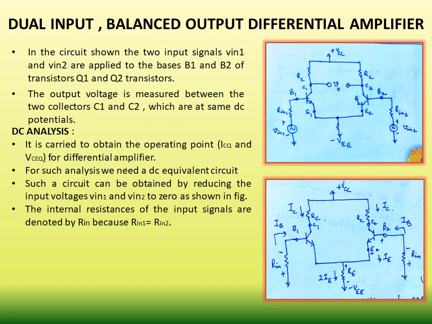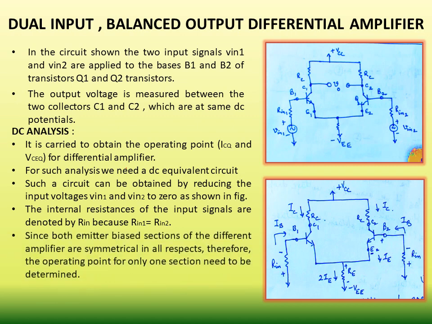The internal resistance of the input signals is denoted by RIN, because RIN1 is kept equal to RIN2. In this way we find both sections of the differential amplifier are completely similar to each other.